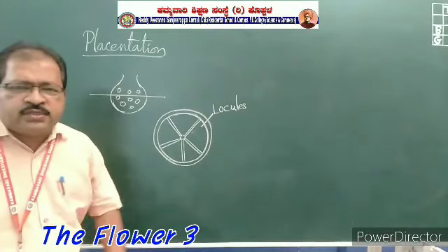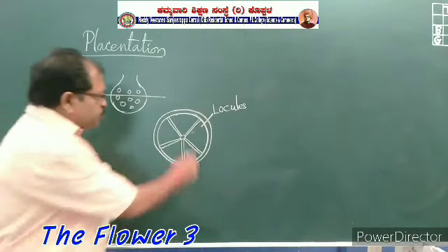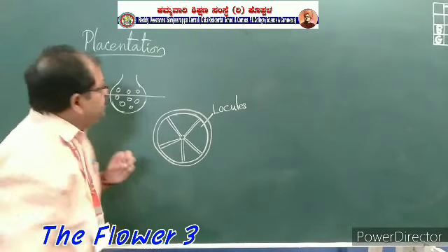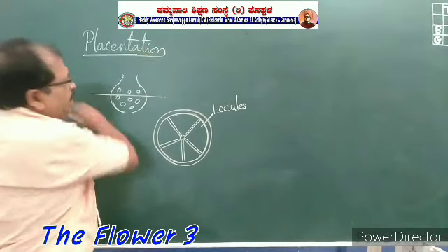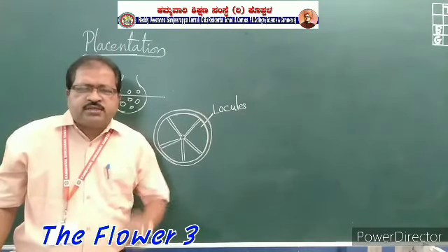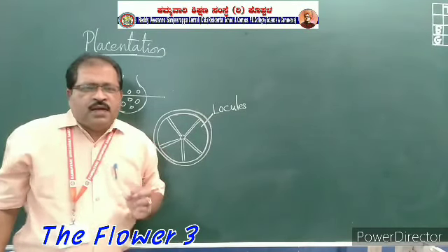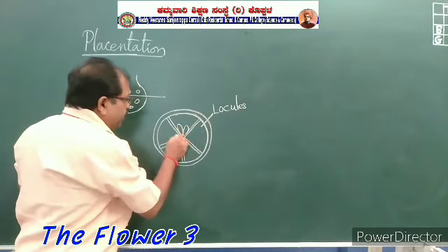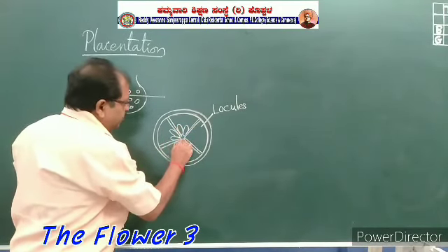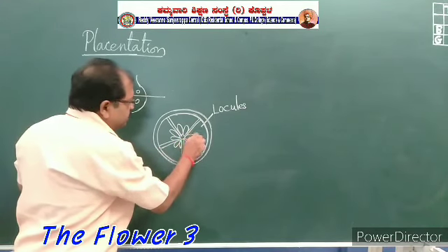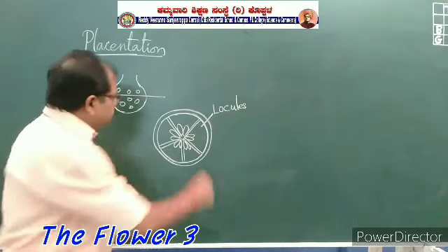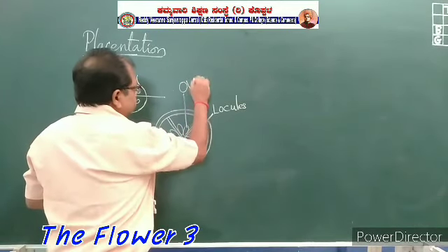These locules have a cushion-like structure called the placenta, and in this cushion-like structure the ovules are embedded. These are the ovules.